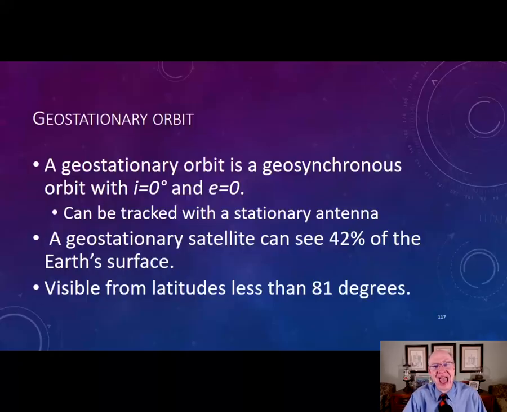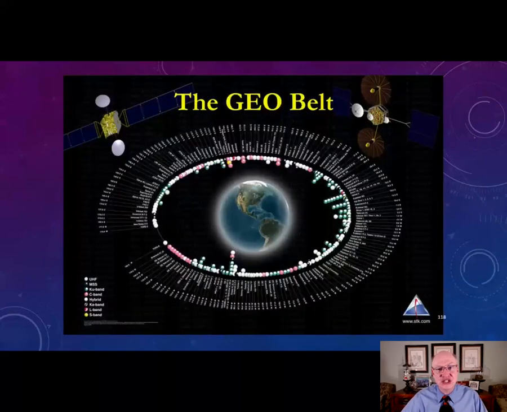And the reason for that is that in a geostationary orbit, the satellite appears to sit perfectly still from the surface of the Earth. And then you can take your antenna and aim it at it, and you never have to move your antenna again. For those of you that have ever seen a Dish Network dish, that's what's happening. In this geostationary belt up there around the Earth, there are hundreds of satellites.